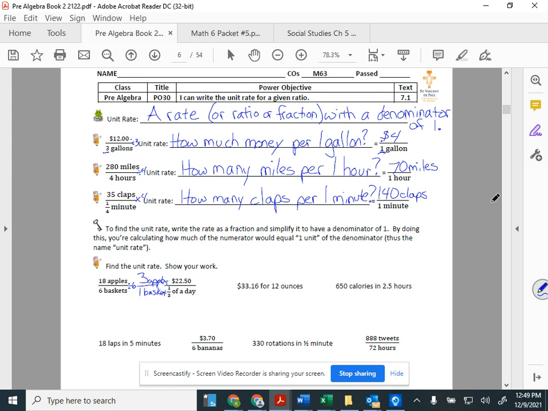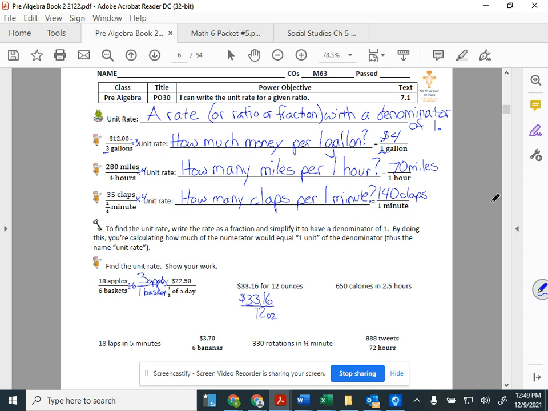Let's look at this $33.16 for 12 ounces. What should my first step be? Charlotte? Yeah, we have to turn it into that fraction. $33.16 over 12 ounces.